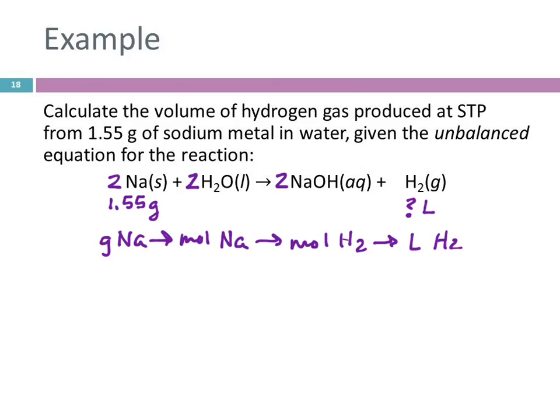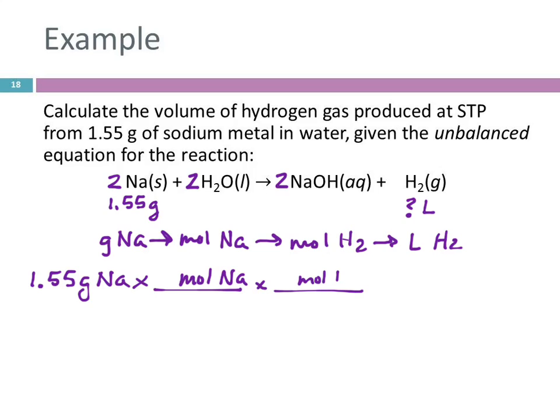The path is the key. 1.55 grams of sodium. We're going to have 3 factors here. We'll go to moles of sodium. We'll go to moles of hydrogen. And then to liters of hydrogen.